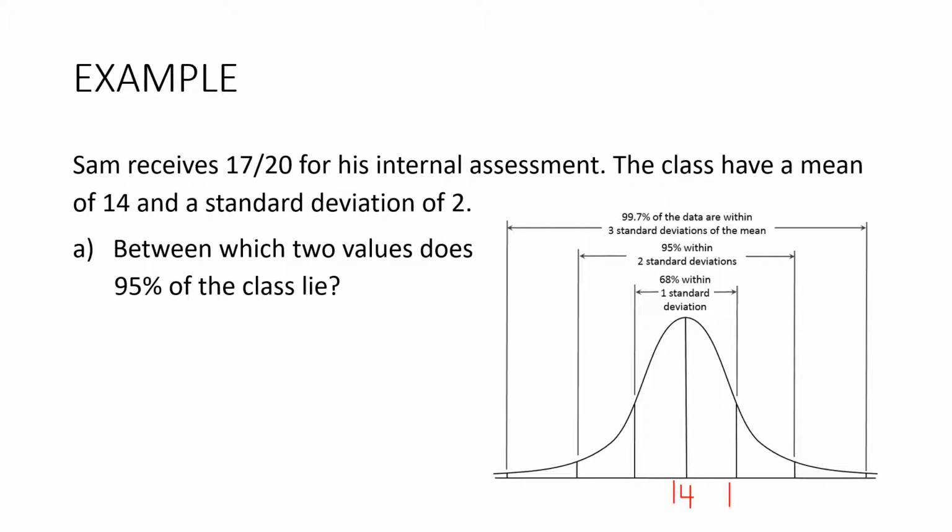So I'm just going to add 2 and go up here. And then below the mean, I'm going to subtract 2. And so to answer the question, between which two values does 95% of the class lie? That's in here. So between 10 and 18.